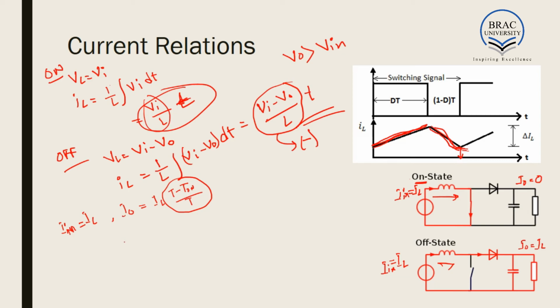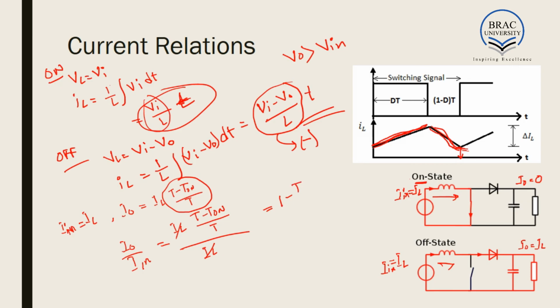Now if we find the input output relation, I out by I in is equal to IL times T minus t on by T, divided by IL, so the IL are cancelled.